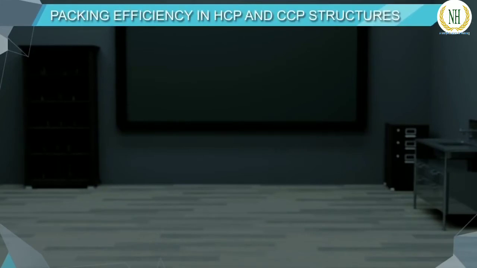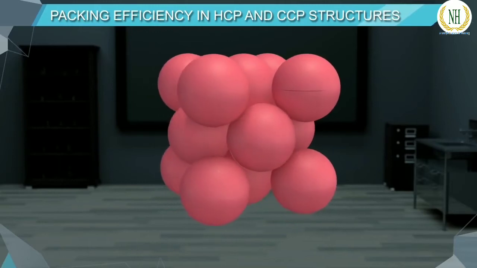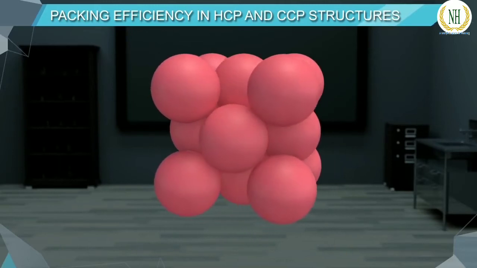Packing efficiency in HCP and CCP structures. Face-centered cubic unit cell. Let us calculate the efficiency of packing in CCP structure. Cubic close packing is the same as face-centered cubic packing.